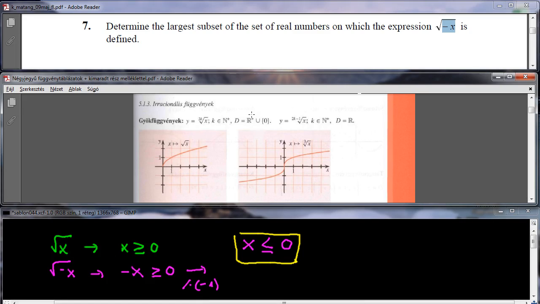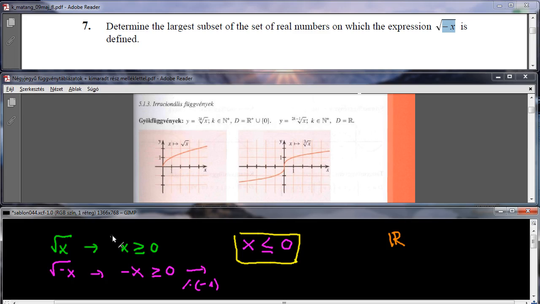R plus means the positive real numbers, union with the 0, because the 0 is not inside the positive real numbers. By the way, if you just write R, it means all the real numbers. If you write R plus, it means only the positive real numbers. If you write R minus, it means only the negative real numbers. But if you want to add the 0 as well, you have to add it manually.